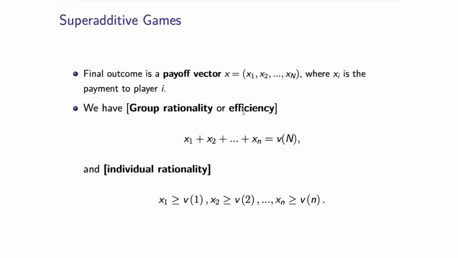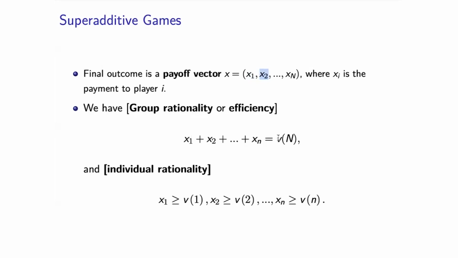There we would expect certain properties to hold true. Imagine that we have decided to split the total value of the coalition among the members in the following way: we give player 1 x1, player 2 x2, and so on, and player n xn. What properties would we expect to hold true?